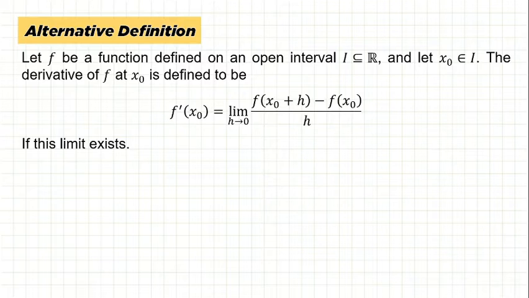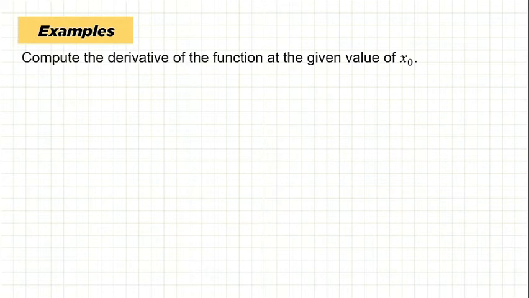Okay? So to understand it further, let's consider the following examples. For number one, we will compute the derivative of the function at the given value of x sub o. Here our function is x squared minus 3x plus 1, and our x sub o is equal to 1.